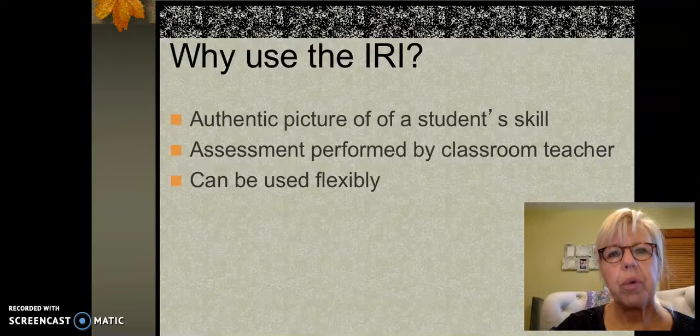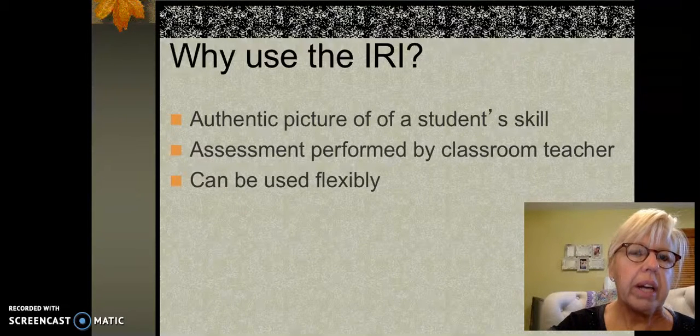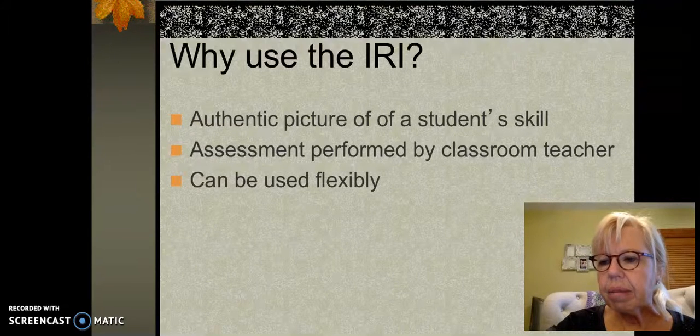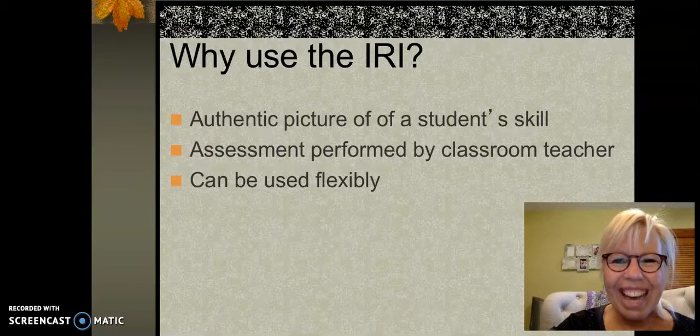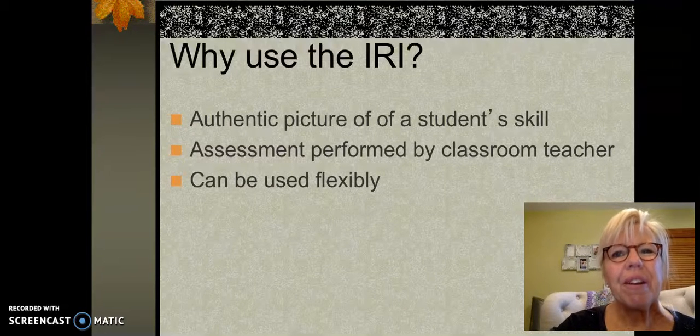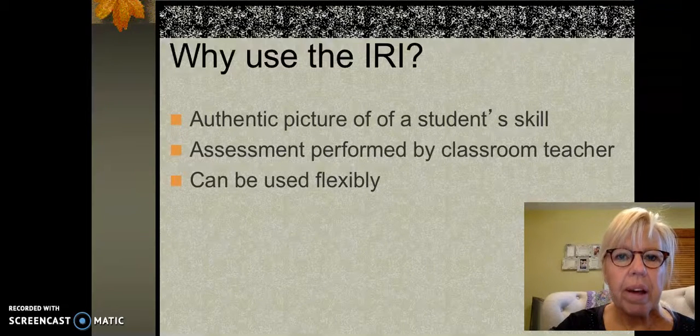So whichever informal reading inventory you're using, you can use this particular process and you're going to get the results, the information that you need.